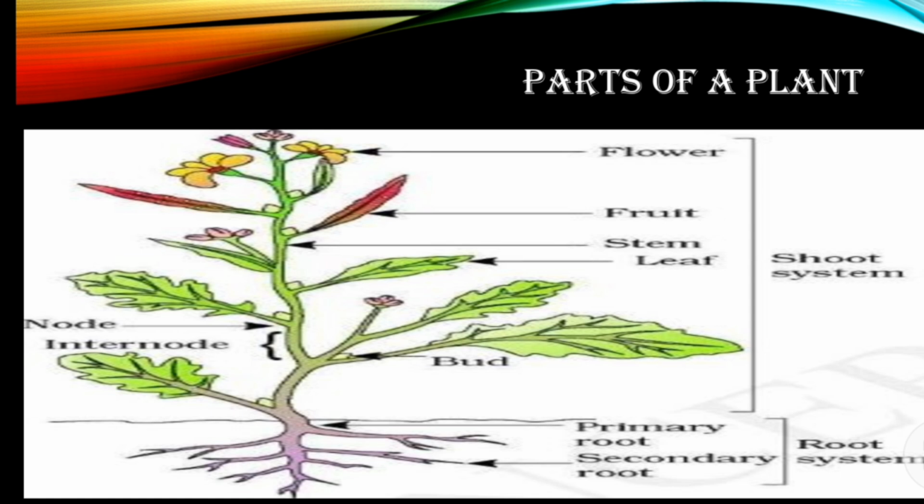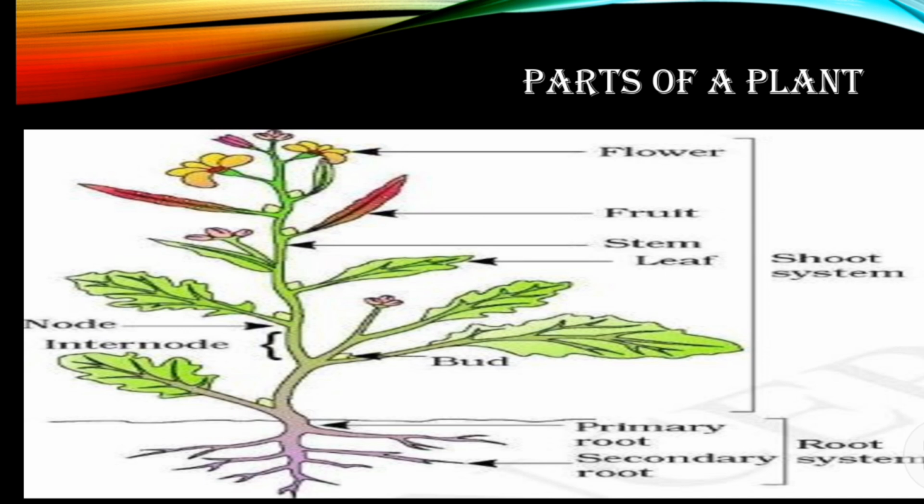So this is the root system, which is composed of primary roots and secondary roots, and also thin hair-like structures are present on roots, which are known as root hairs, which absorb the water from the soil. So below the soil, it is the root system, and above the soil, it is the shoot system. The root system comprises the main root and secondary roots as well as root hairs.